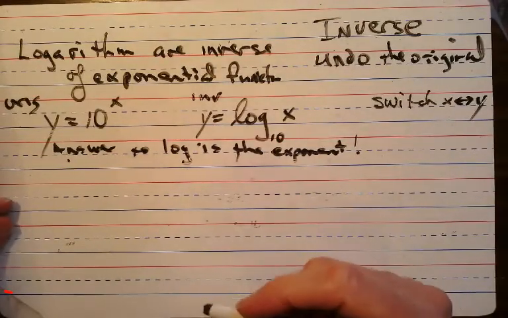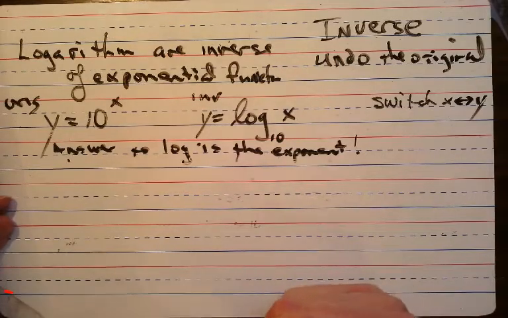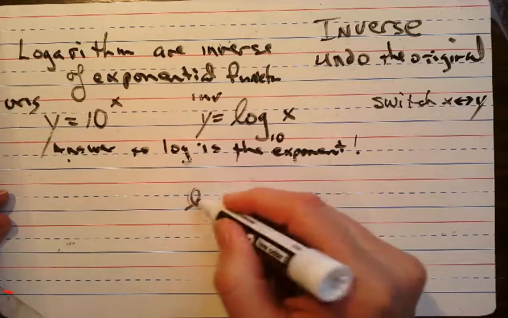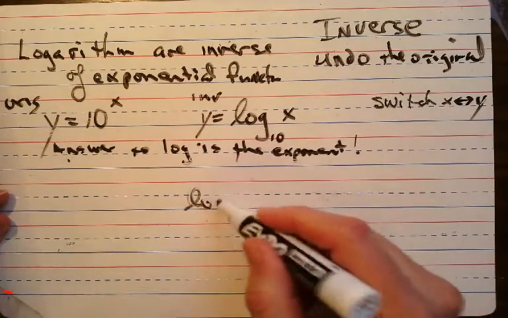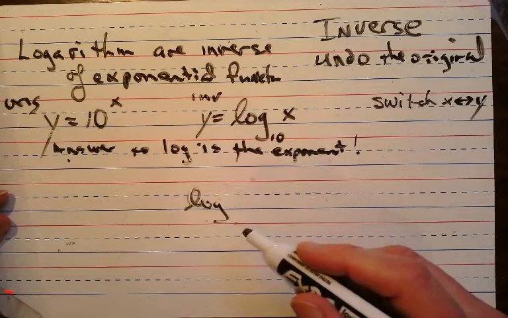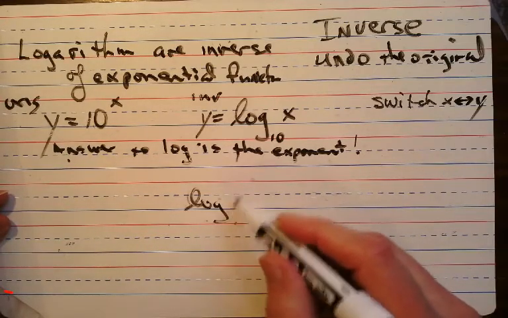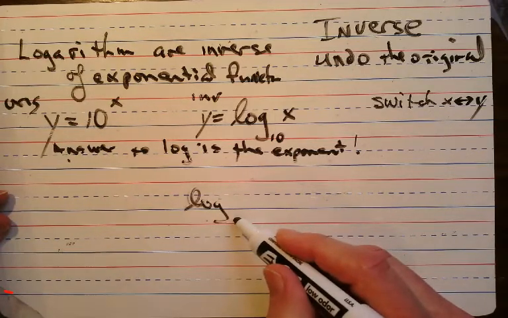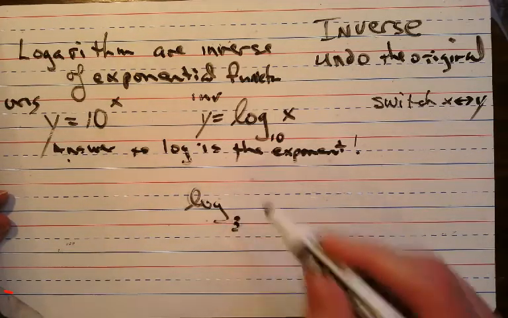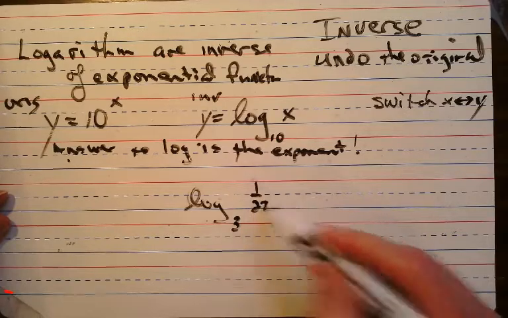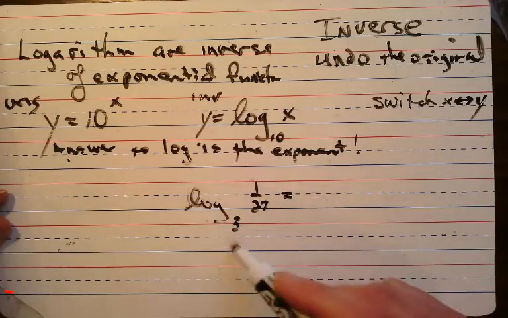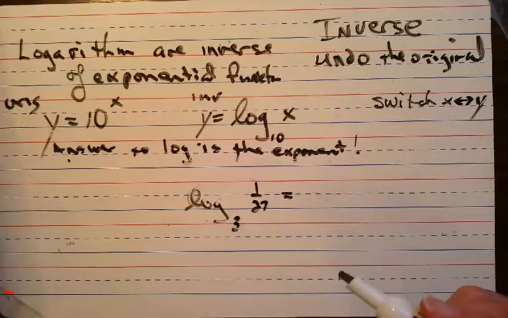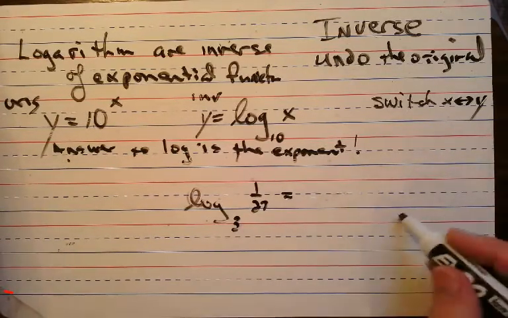Let's see if we can solve a problem like this. What if I asked you the log base 3 of 1/27? What exponent makes 3 into 1/27? Now we just talked about that, right?